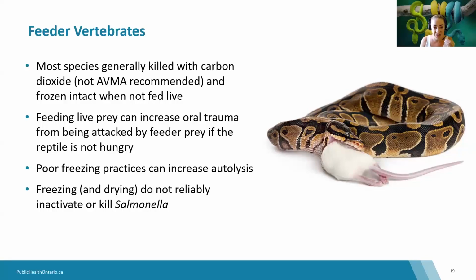Feeding live prey can actually increase oral trauma from being attacked, right? They don't want to be eaten, they'll be biting, especially for a snake that pretty much can only handle an animal by putting it in its mouth. And sometimes, if they're not hungry, a rat can turn around and attack a reptile and cause significant damage. Some people also have very poor freezing practices.